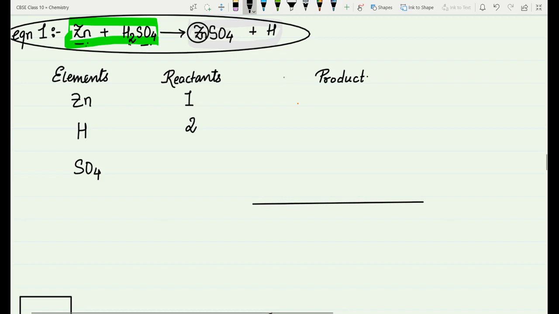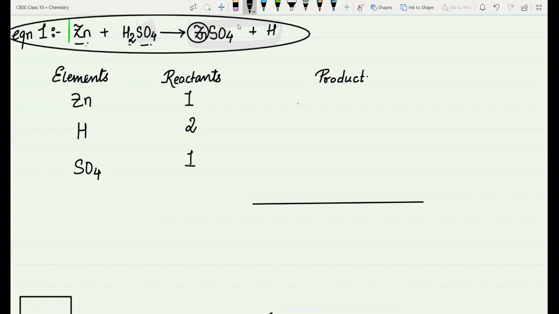And how many sulfate groups are there? There is one sulfate group. So we have the sulfate group which is 1.